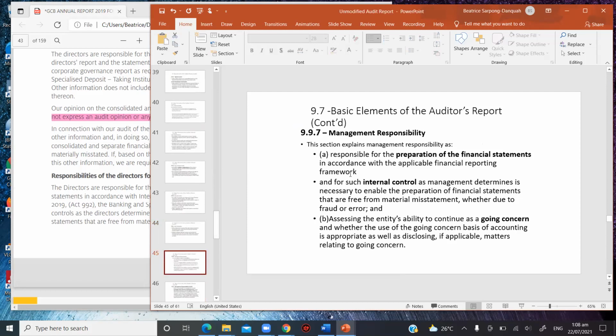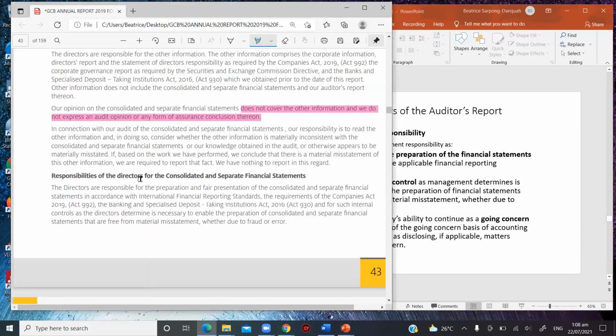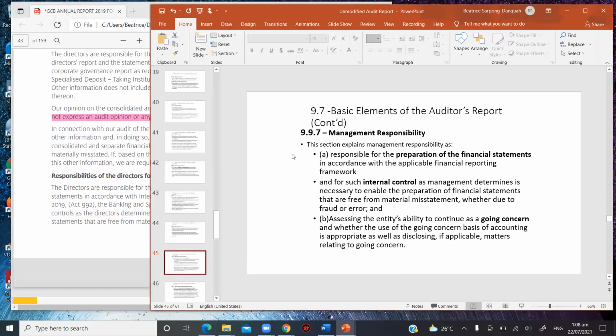From the other information paragraph, we move on to the management responsibility. Sometimes you see director's responsibility. So here, responsibility of directors. Here, they will stress the fact that the preparation of the financial statements is the responsibility of management.